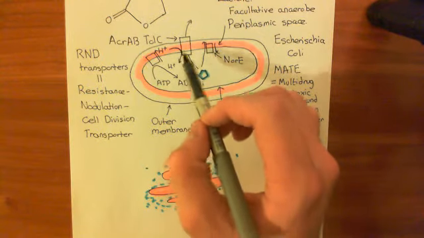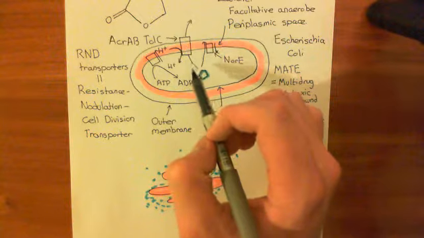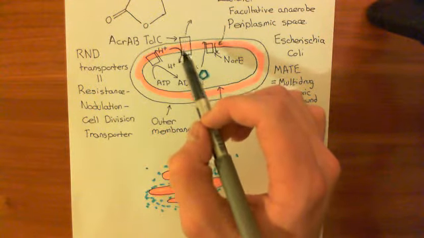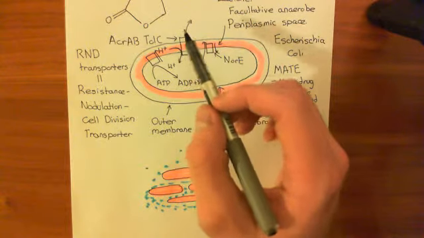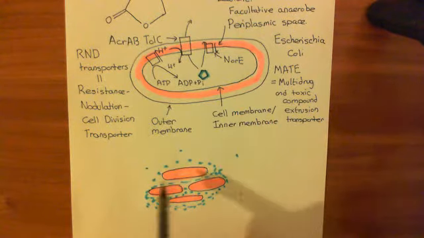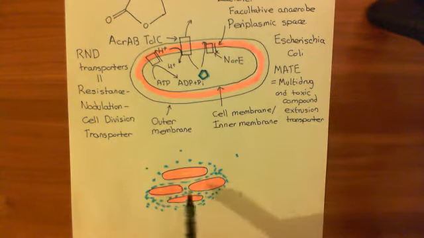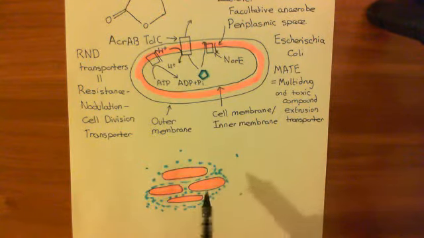They're no longer going to be able to transport N-acyl homoserine lactones out of their cytoplasm. So the amount of N-acyl homoserine lactones that these bacteria are secreting goes down hugely. So for this same population density that we have here, the density of the N-acyl homoserine lactone molecules will be much lower.